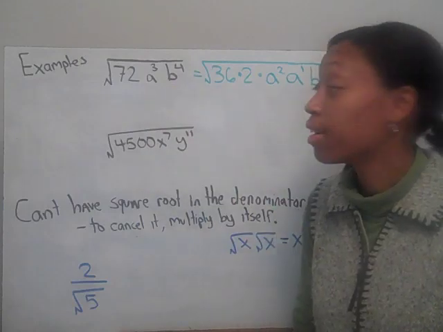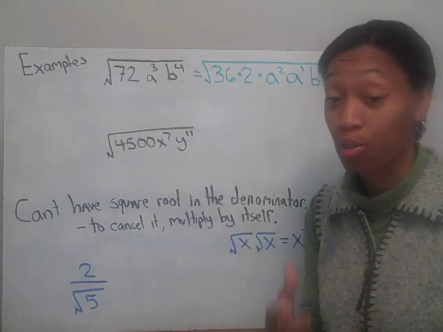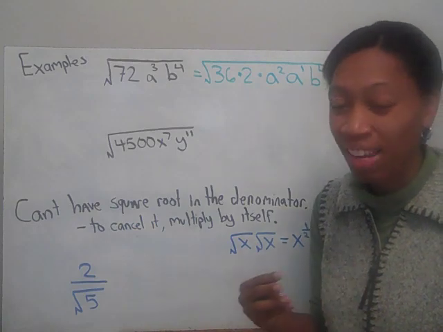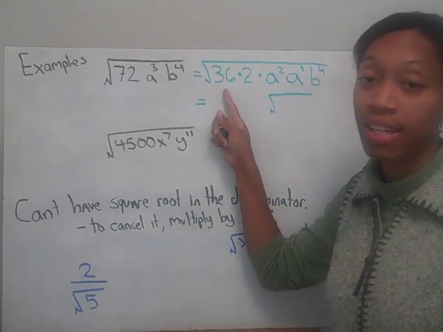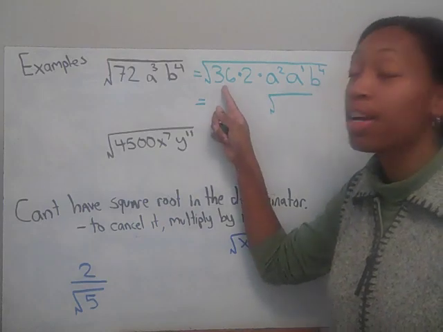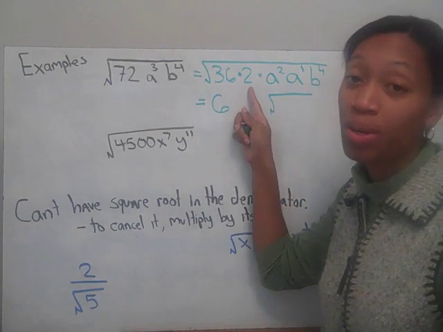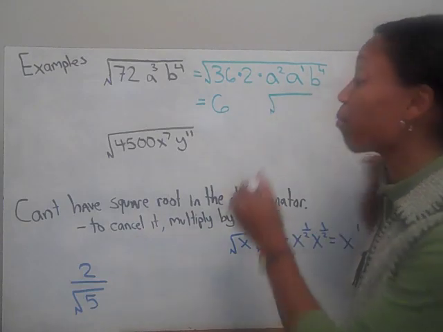Now I'm going to simplify this by taking the square root of the parts that I can square evenly and then leaving the other parts that don't work out evenly under the square root. So the square root of 36 comes out evenly, so I can pull that out. Square root of 36 is 6. The square root of 2 is uneven, so I need to leave that inside here. I'm not going to take the square root of 2.